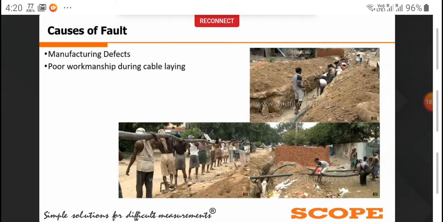Due to unwanted bending of the cable, the armor of the cable gets damaged or cracked at that bending point. So this will cause further damage to the cable during service.